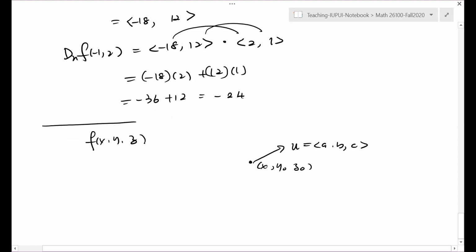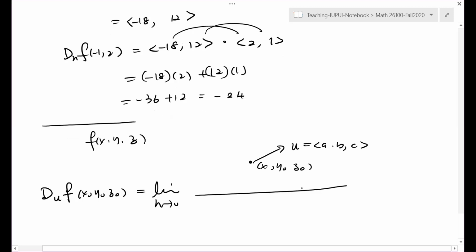So the directional derivative, first of all, by definition, is going to be the limit of the value along this line, where h is an arbitrary value.